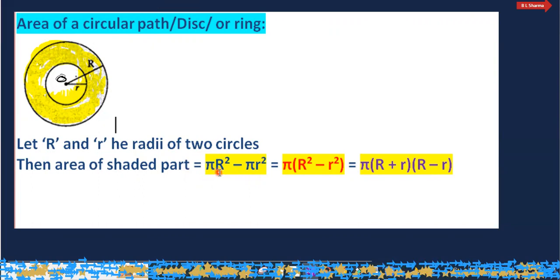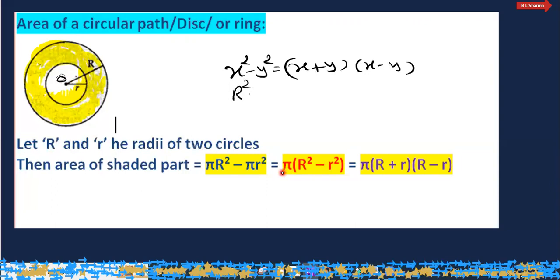So pi capital R square minus pi small r square. You can take pi common, and now you can factorize. We know that x square minus y square is x plus y into x minus y. Similarly, R square minus small r square is R plus r and R minus r.